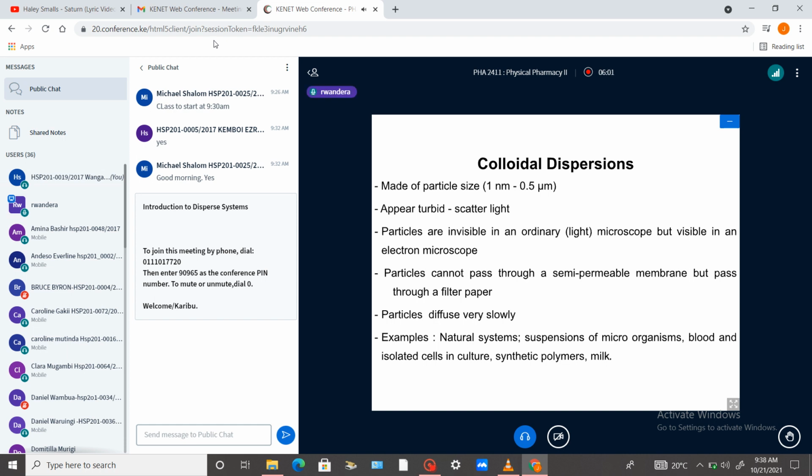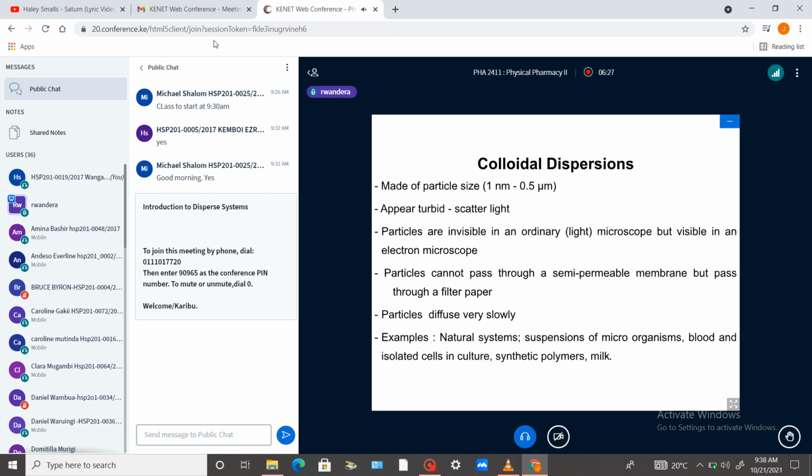Their particles are not visible under the ordinary light microscope, but you can visualize them under the electron microscope. The particles also can easily pass through a semi-permeable membrane, but do not pass through a filter paper. So they are blocked by a filter paper.